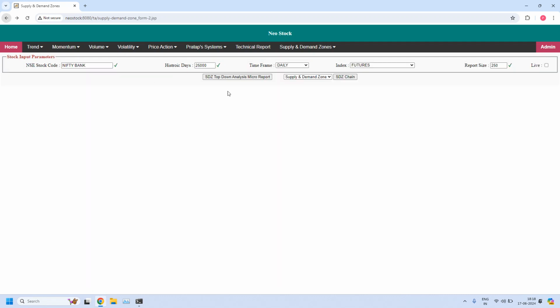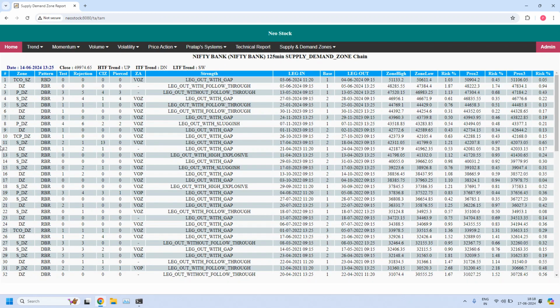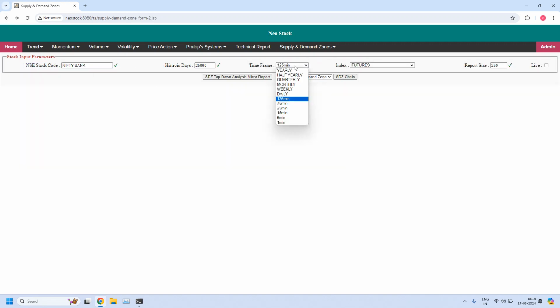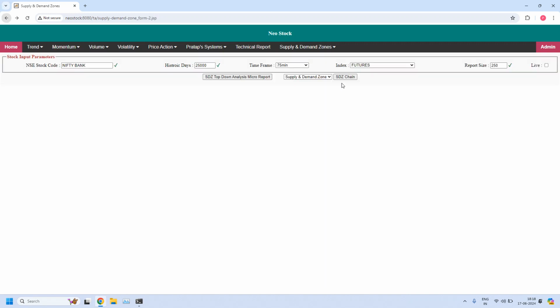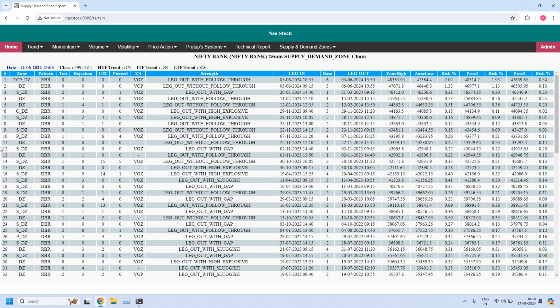Now let me generate for 125 minutes time frame. All these are Bank Nifty supply demand zones. Now let me generate 75 minutes time frame. Now let me generate 25 minutes time frame. This is the 25 minutes chain.